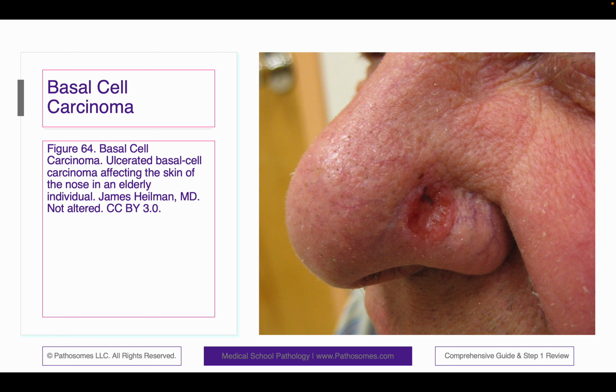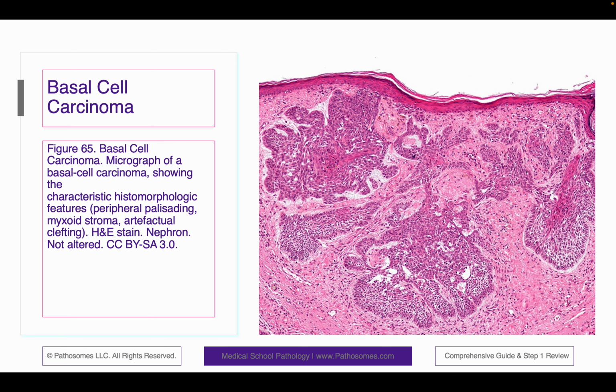You remember this picture? Yes, ulcerated basal cell carcinoma affecting the skin of the nose of our patient. And here is what it looks like histologically in certain cases. This is a micrograph showing basal cell carcinoma with the characteristic histomorphologic features.